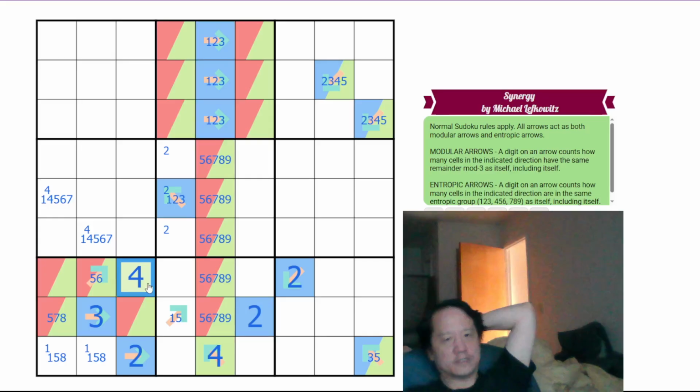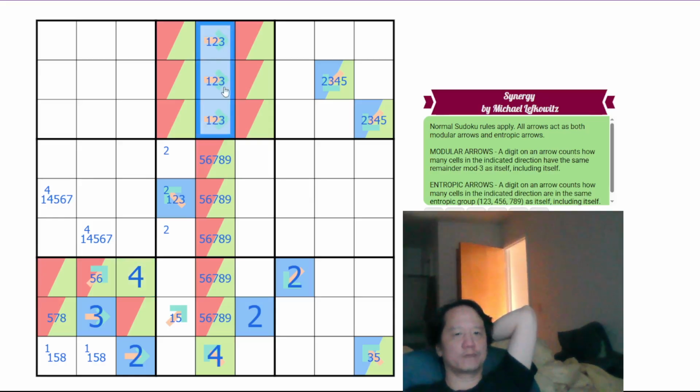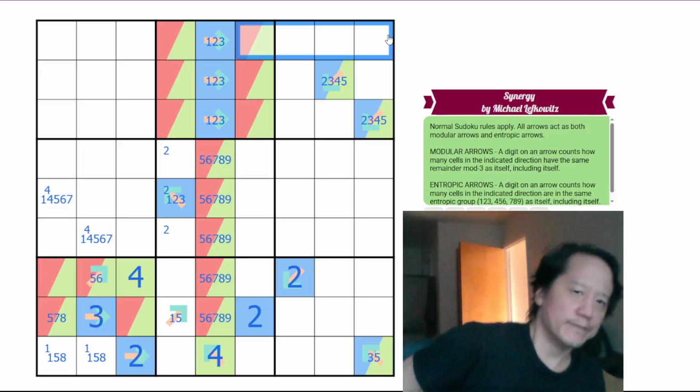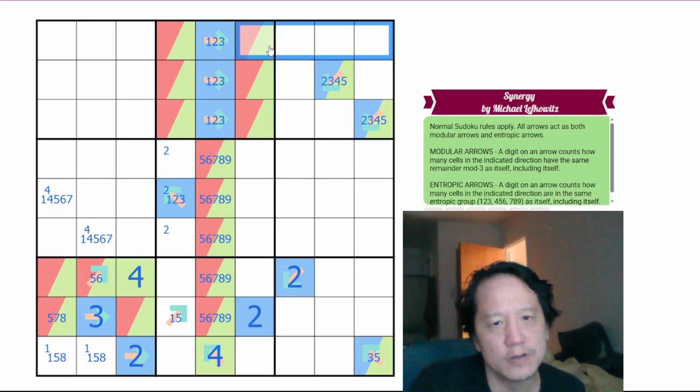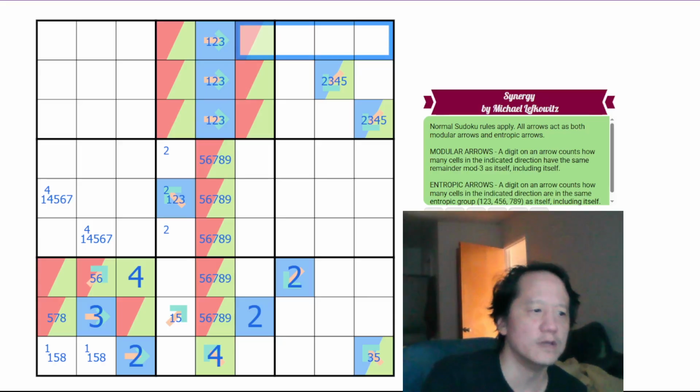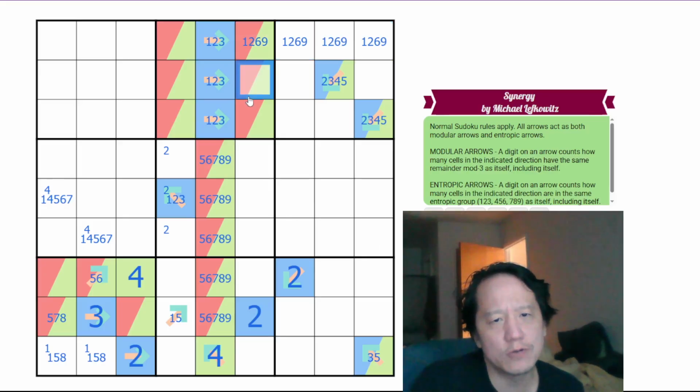Okay, let's continue with the 1, 2, and 3. So again, 3 requires... Oh, that's interesting. Okay. 3 requires these 4 digits. What do they have to be? They have to be 1, 2, 6, and 9. 1 requires these 4 digits to be what?